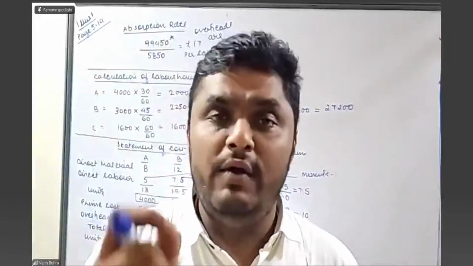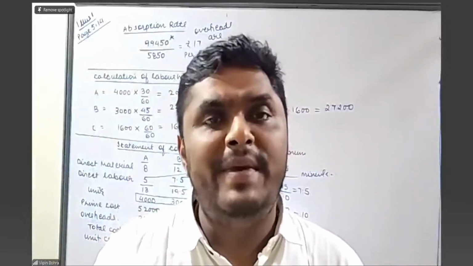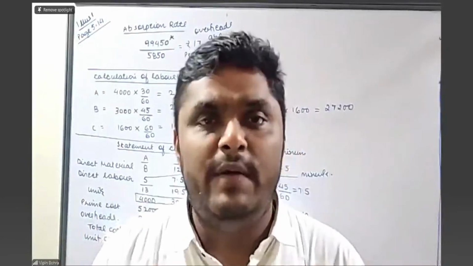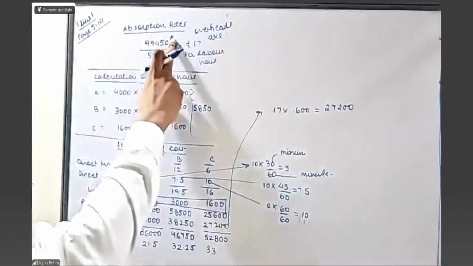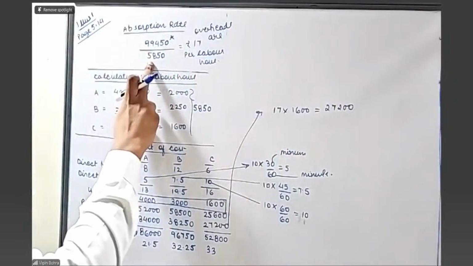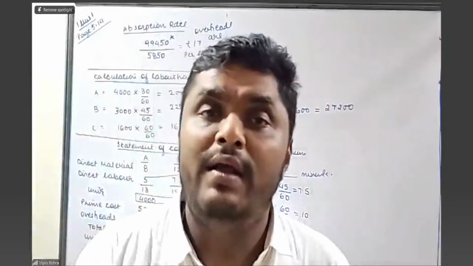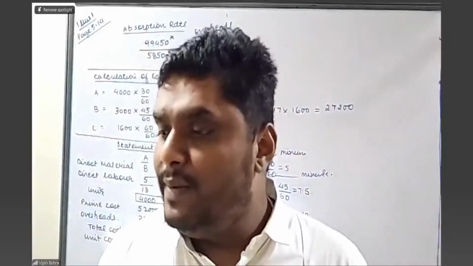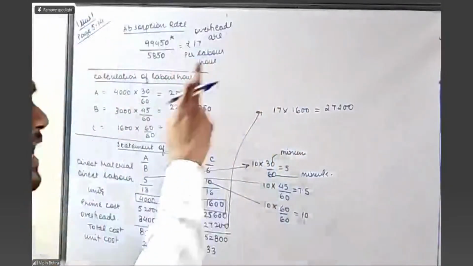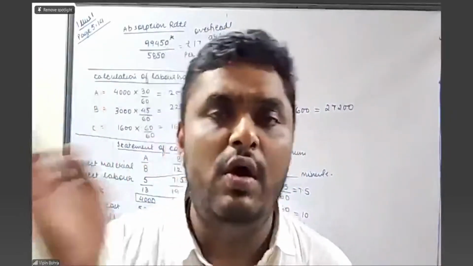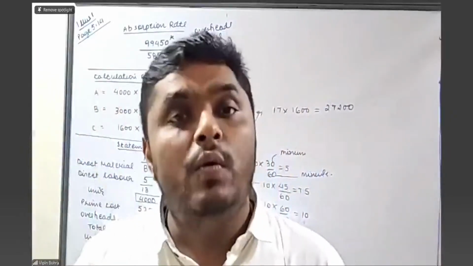Because in the question, the overheads are absorbed on the basis of labor hours. Overheads are being absorbed on the basis of labor hours. So my total overheads are 99,450. My total labor hours is 5850. So what will be my overhead per hour? 17 rupees per hour. Now for every labor hour, there is some labor cost also, and for every labor hour there are some overheads also.